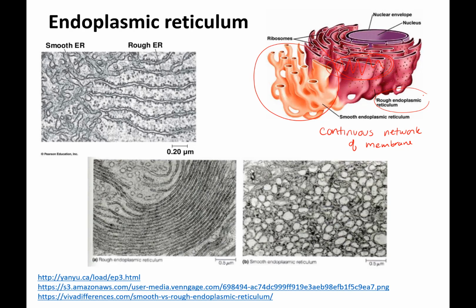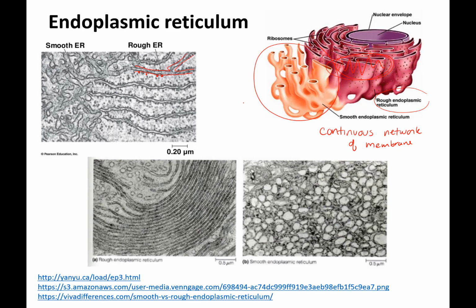Here are some electron micrographs. Hopefully you recognize these as transmission electron micrographs. You can see the rough ER here looks like long extended membranes with all these little dots, which are the ribosomes.